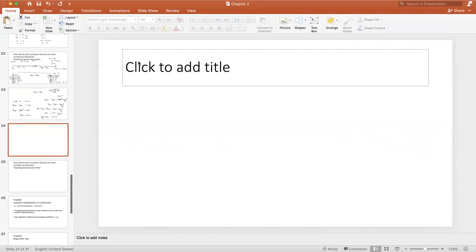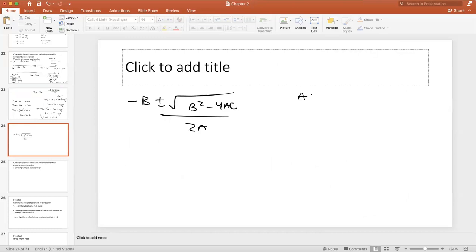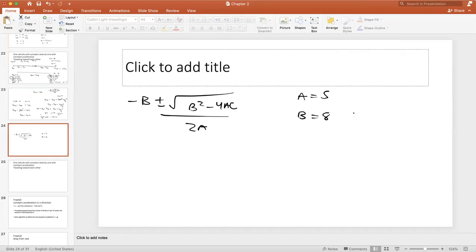So we have the quadratic equation: minus b plus or minus the square root of b squared minus 4ac over 2a. Our a coefficient is 10 divided by 2, our b coefficient is 8. So a is 5, b is 8, and c is minus 100.